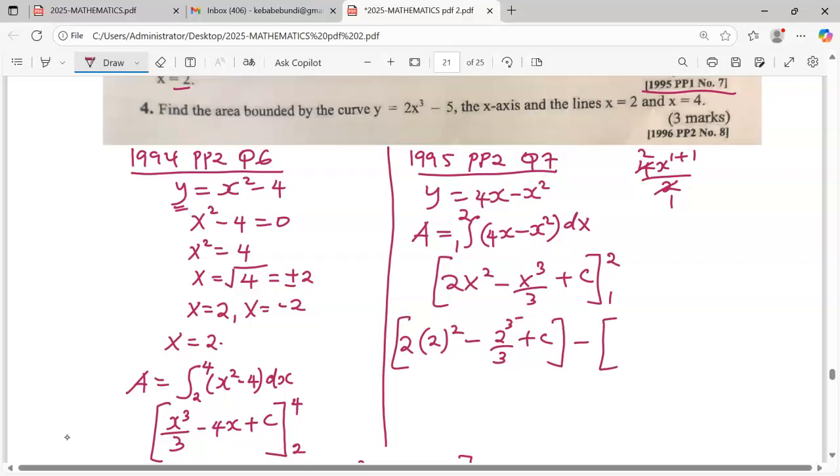Minus, we open the brackets, we are going to have 2 times x, which is 1 squared, minus x is 1. This one is cubed divided by 3 plus c.